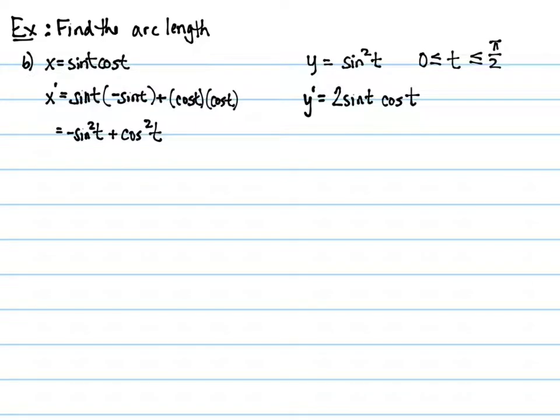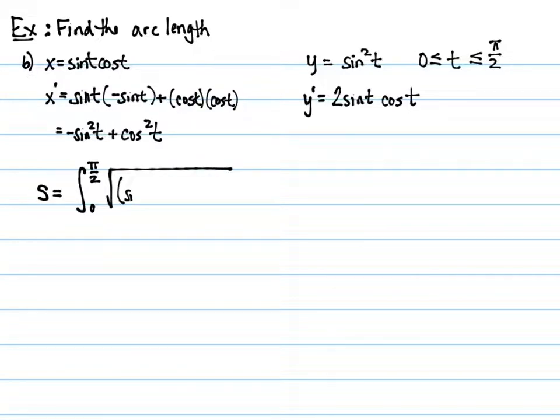Okay, so arc length, which is a lowercase s, by the way, we're going to use a capital S in a little while, but this is a lowercase s, is the integral. What are my limits of integration? 0 to pi over 2, because those are the interval limits on t.